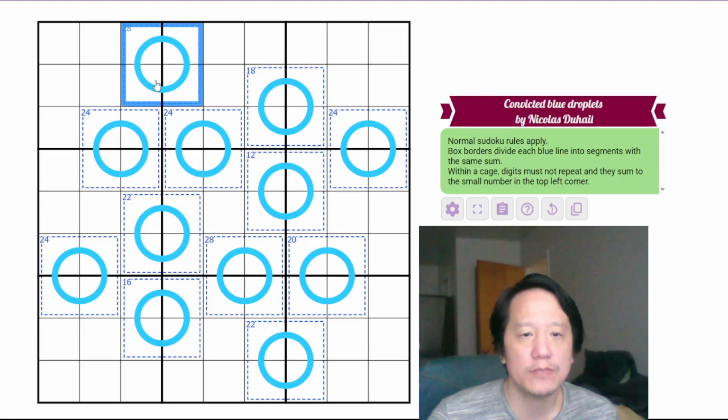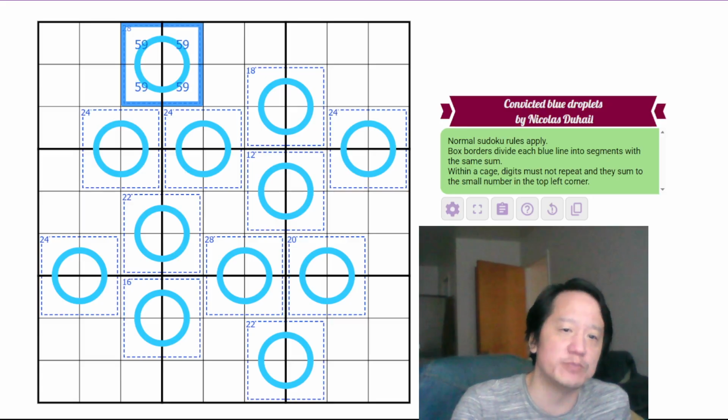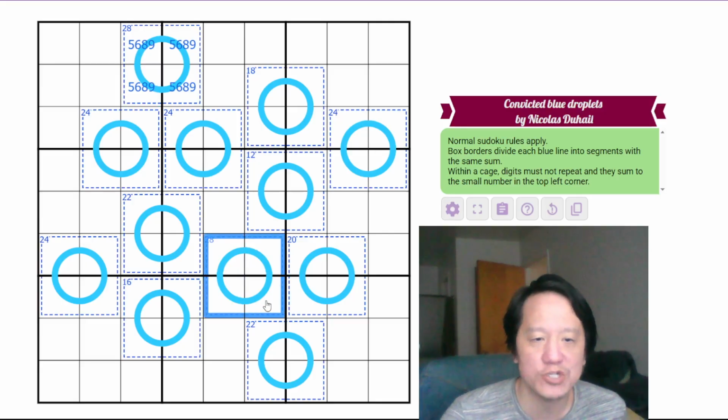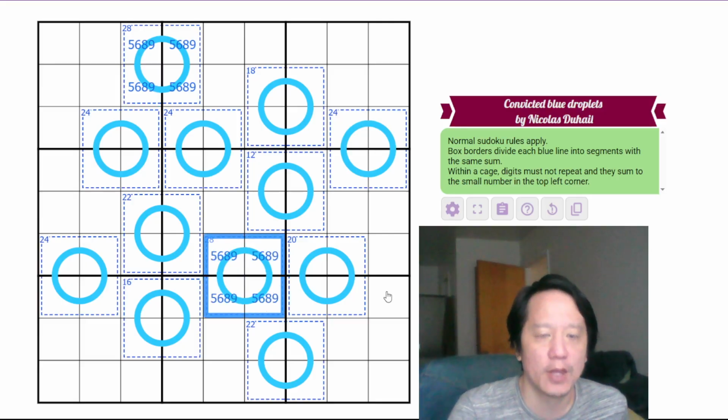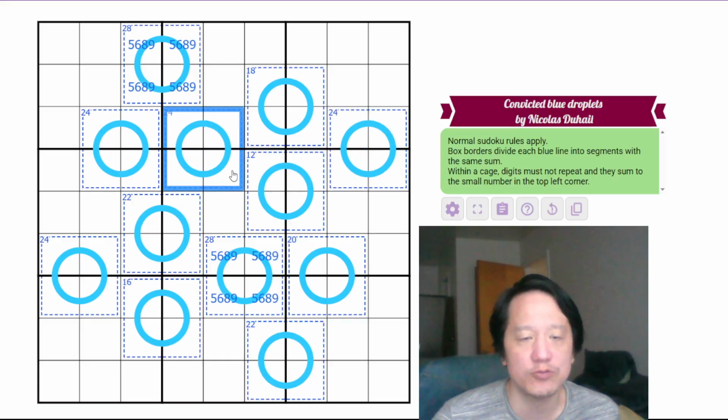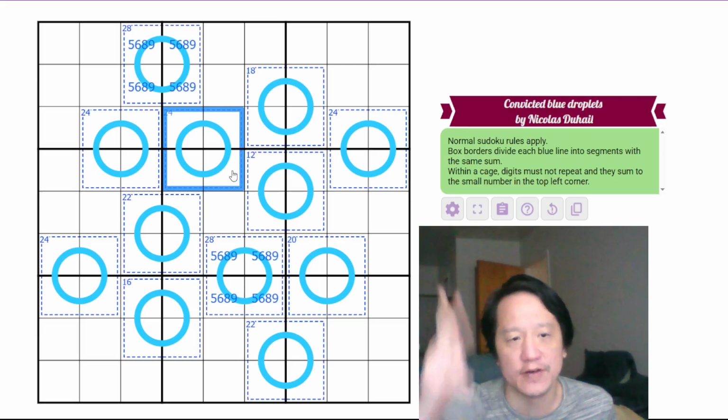So the 28s have to add up to 14 on each side, and it must be a combination of 5, 9, and 6, 8. We just don't know which. The 24s must add up to 12 on each side, which is 3, 9, 4, 8, and 5, 7.